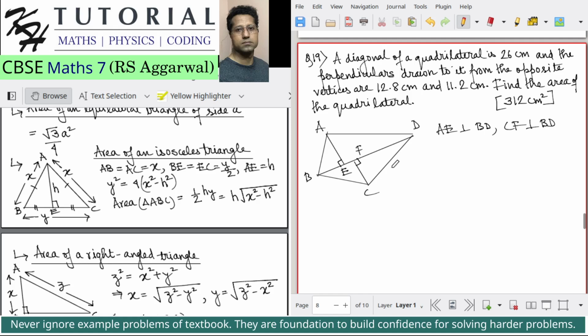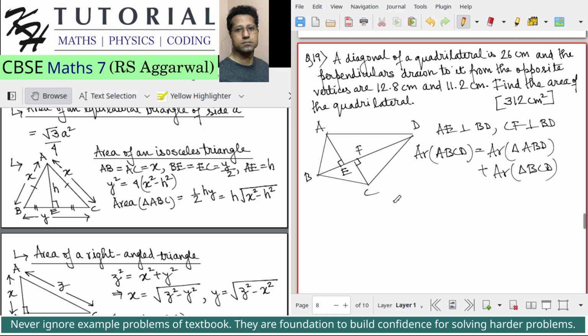Then we can find the areas of the triangles ABD and BCD. The sum of their areas will be equal to the area of the quadrilateral ABCD. So area of ABCD is equal to area of triangle ABD plus area of triangle BCD.